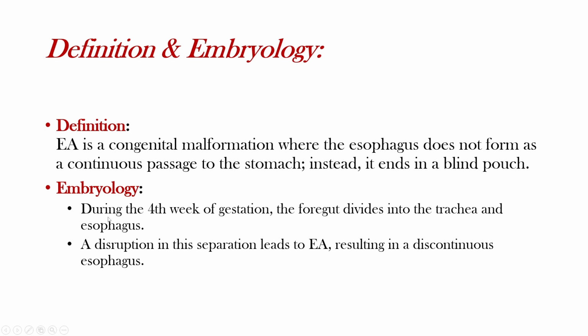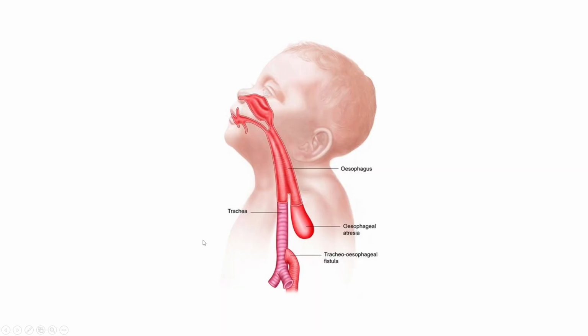For the embryology, during the fourth week of gestation, the foregut should divide into trachea and esophagus. But here, we will have a disruption in the separation of the trachea and esophagus that will lead to esophageal atresia.